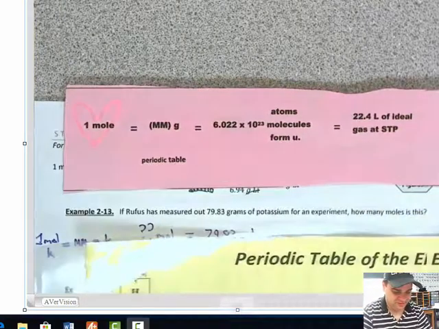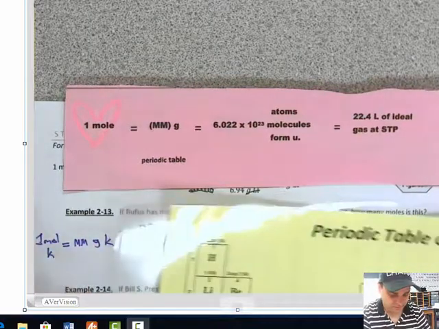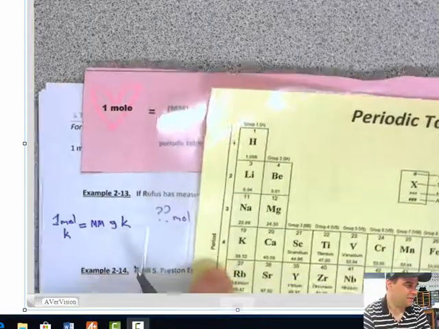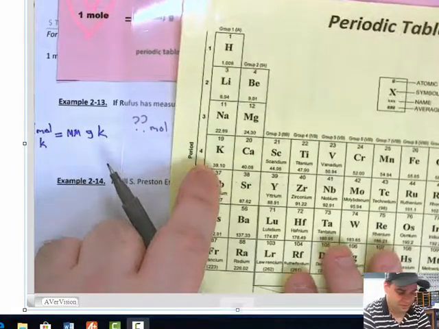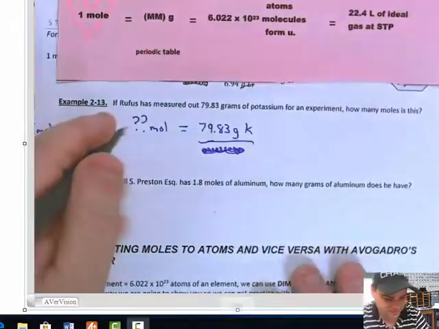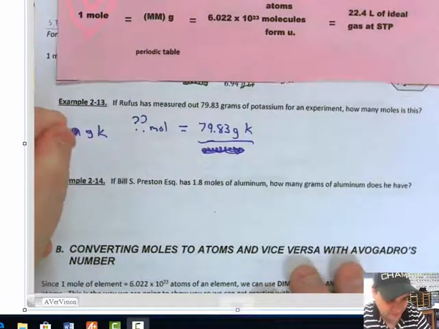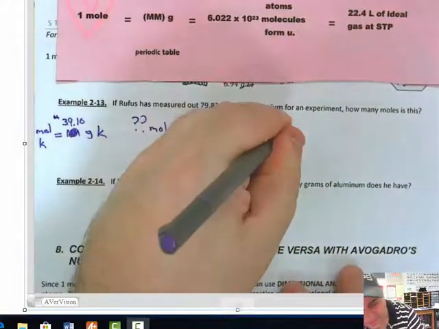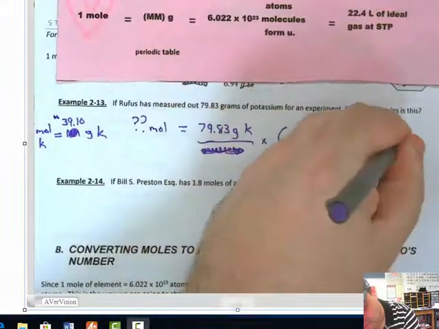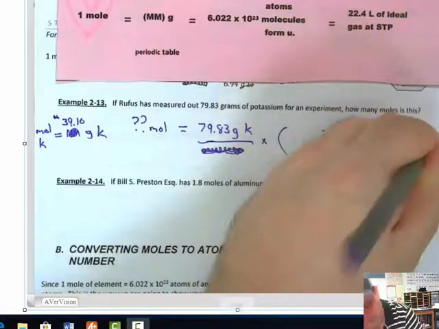So instead of mm here, we're going to use the molar mass from the periodic table, 39.10 grams. So this is a one-step problem to get to moles of K.